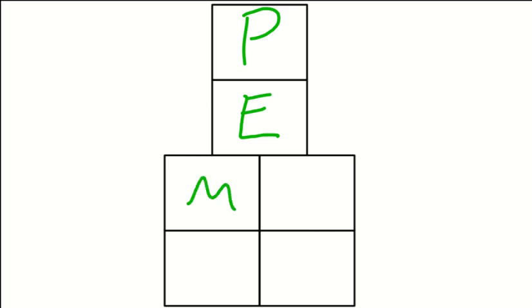Multiplication and division are done at the same time. When you have multiplication and division in a problem, you do it at the same time, going from left to right. So we usually see it as PEMDAS, but D could go before M and it doesn't really matter, okay?